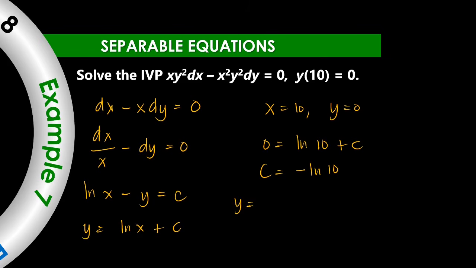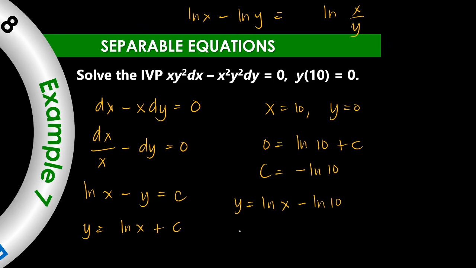So now, the particular solution of the given differential equation can be written as y equals ln of x minus or plus this minus ln of 10. So these terms contain ln and applying the properties of ln. Ano ang property iyon? Ln of x minus ln of y can be written as ln of x over y.